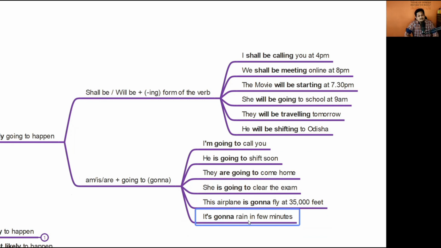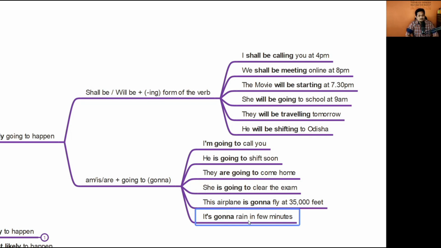So if I say that it's gonna rain in few minutes, if you speak it out, it's okay. But while writing, please avoid the short form. Okay, because the short form is not globally accepted while writing. While speaking, it is expected. Accepted. Okay, sorry about that. But while writing, avoid the short form.